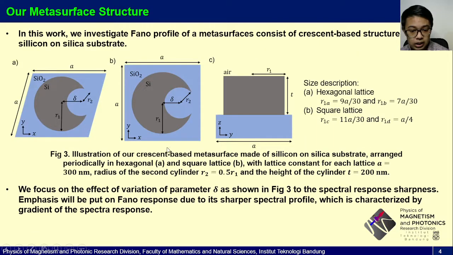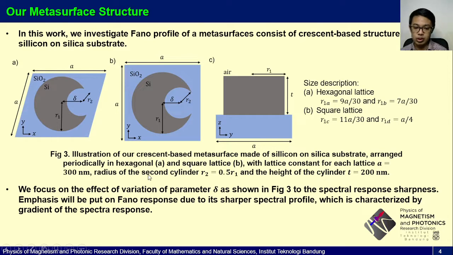In this work, we investigate Fano profile of a metasurface consisting of crescent-based structure from two different cylinders made of silicon on silica substrate. We arrange our structure periodically in square and hexagonal lattice with lattice constant of 300 nanometers with different radius of the first cylinder in each lattice, as shown here.